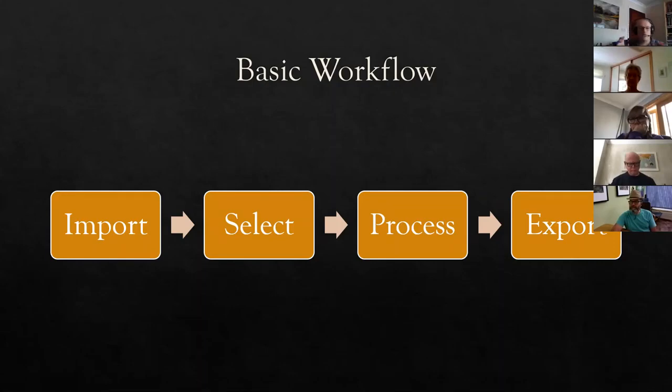And then finally you decide how you're going to export it. So that's the basic workflow in any photography system. You grab your images, decide which ones you want, decide how you're going to improve them, and then finally decide what you're going to do with them and who you're going to send them to.